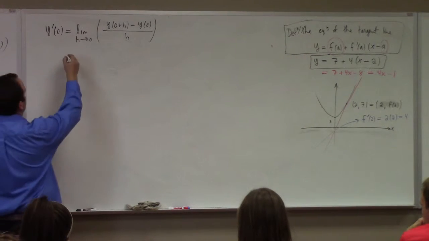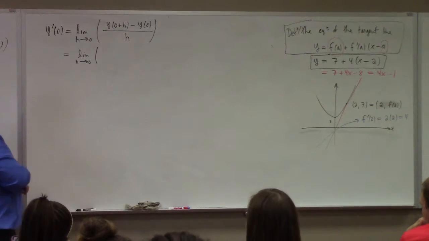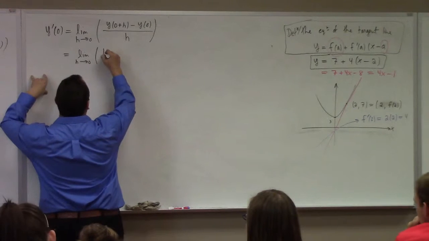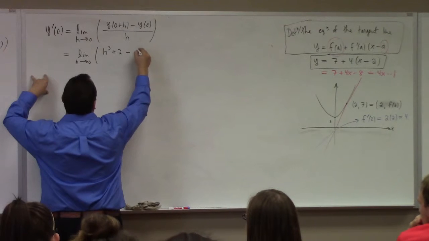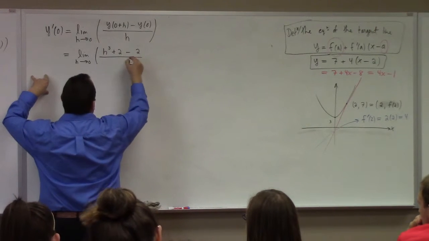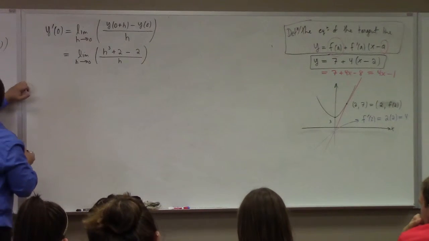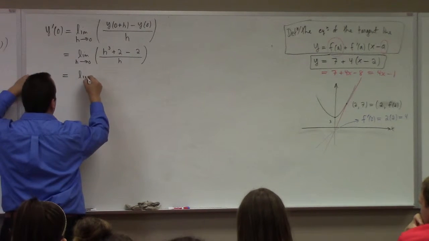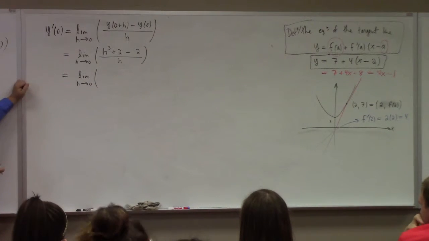Now, what is that, though? Let's see, if you plug in h, you get what? h cubed plus 2 minus 2 divided by h. What do we get? Twos cancel, right?